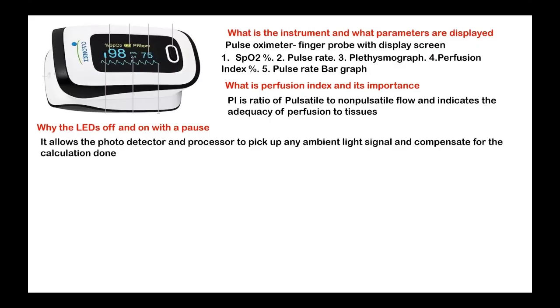This allows the photodetector to pick up the ambient light signal and compensate for the pulsation done. So earlier they used to have a cover for this pulse oximeter so that the ambient light does not fall on it. Now there is a new technology which will eliminate all this interference.